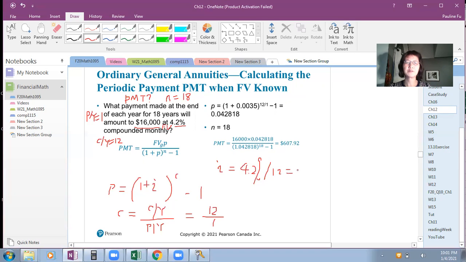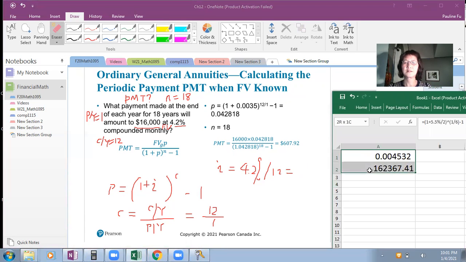I'll have to calculate this number. So what is I? I equal to 4.2% divided by 12, so 0.0035.